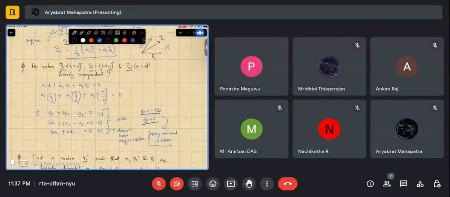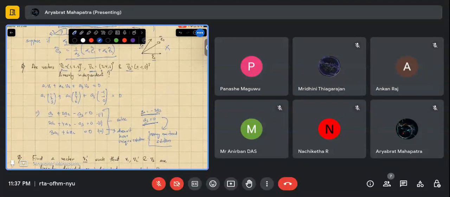Upon checking, we found they are not, because we need A1, A2, A3 individually going to zero, but that wasn't the case. Instead, the solutions for A1, A2, A3 were dependent on each other, basically A1 and A2, and they formed many non-trivial solutions.